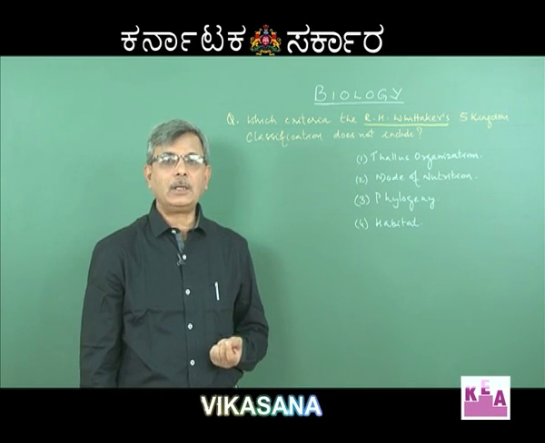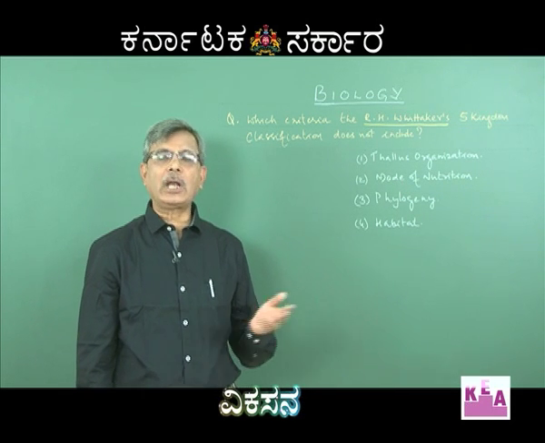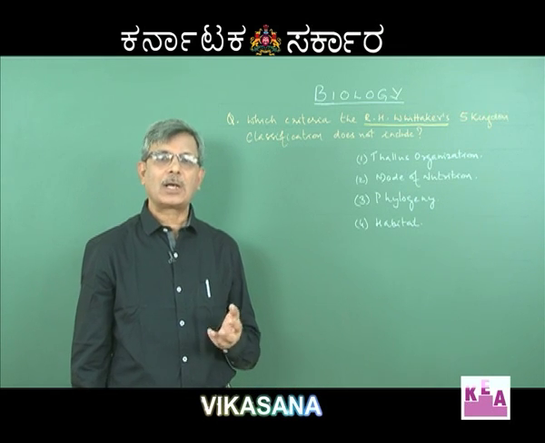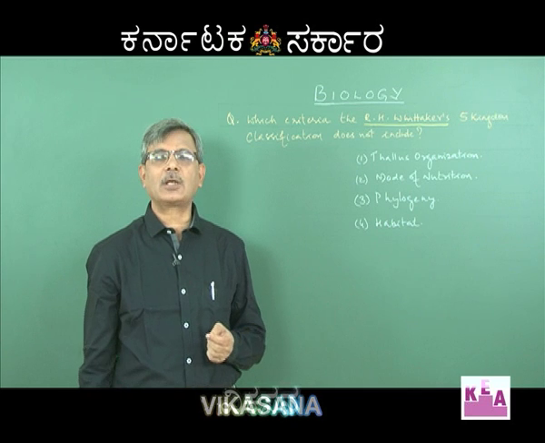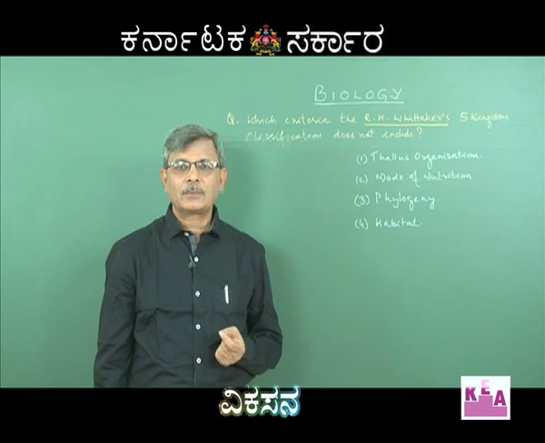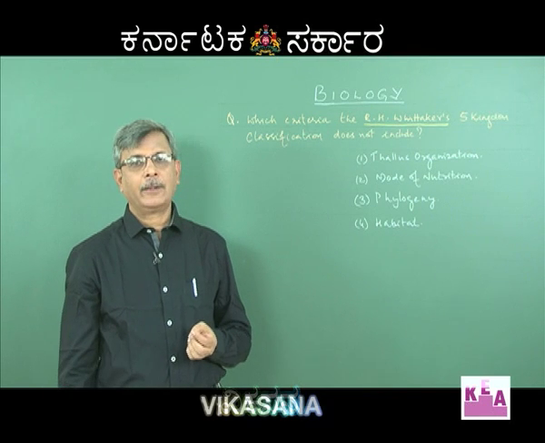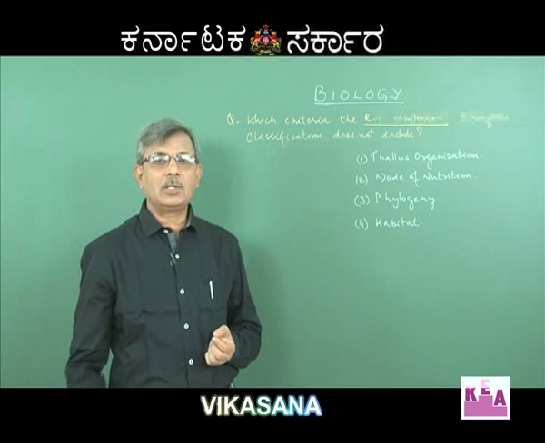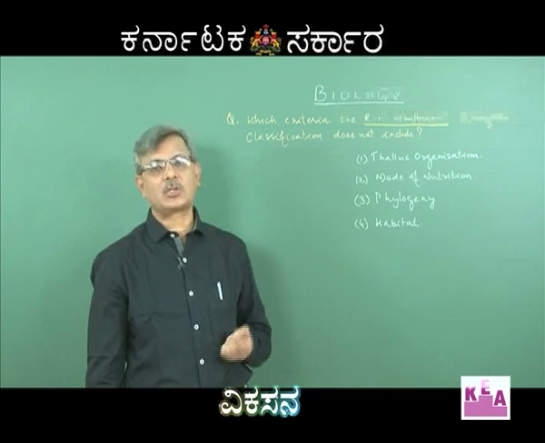The 4 kingdoms classification includes Monera, where all prokaryotic organisms were removed from the Protista and placed in the kingdom called Monera. Protista also included fungi, which is called kingdom Mycota, and that separation was done in the 5 kingdom system classification of R.H. Whittaker.